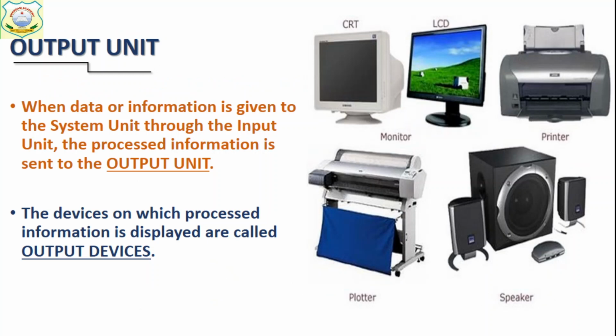next is output device. Now you know computer takes input, processes it, and produces output. Okay, now how can you see the output? Computer input लेता है, process करता है and output produce करता है. Output हम कैसे देखेंगे? Using output devices.